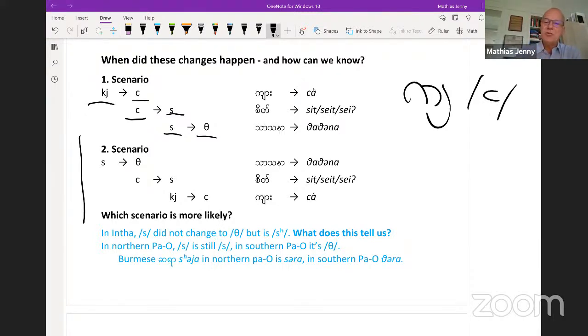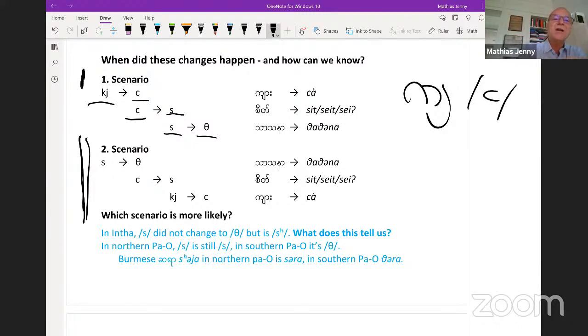Which of these scenarios is more likely? Which way did the changes go? And why can we tell? Well, obviously, it must be scenario 2 that is the correct sequence.